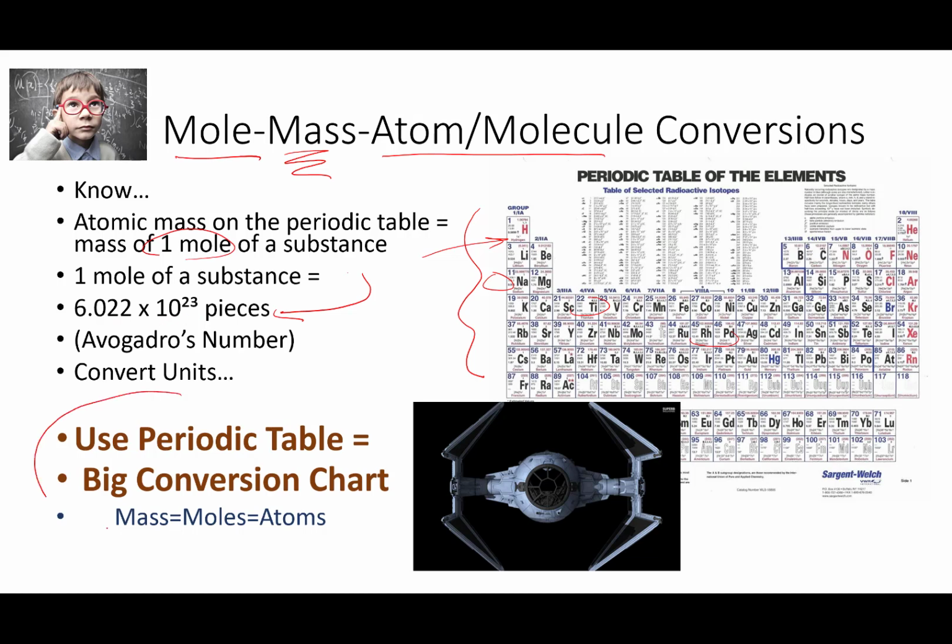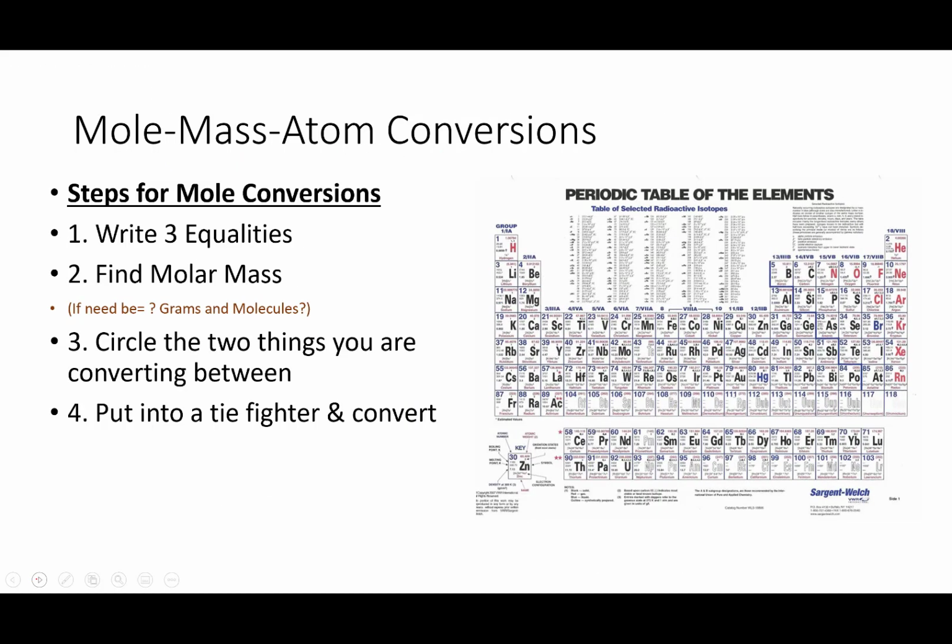We've also spent a lot of time converting units, feet to meters, meters to inches, etc. And we're going to put all of this together to allow us to convert between moles, masses, and numbers of atoms.